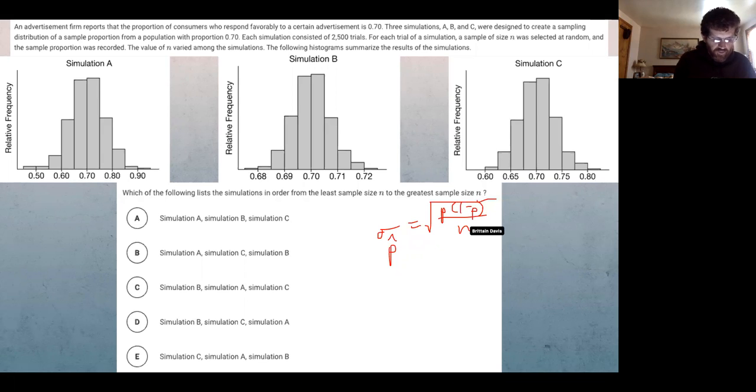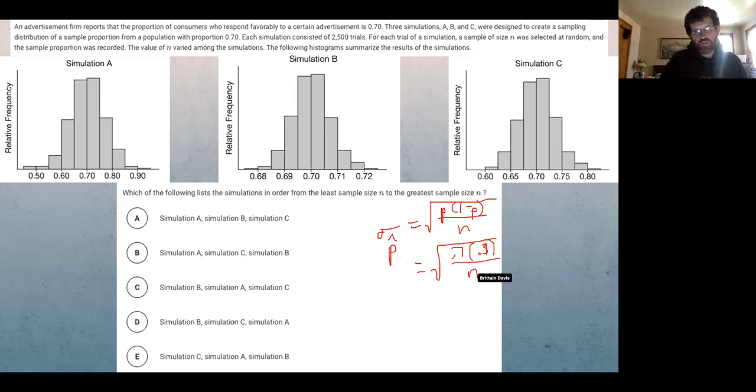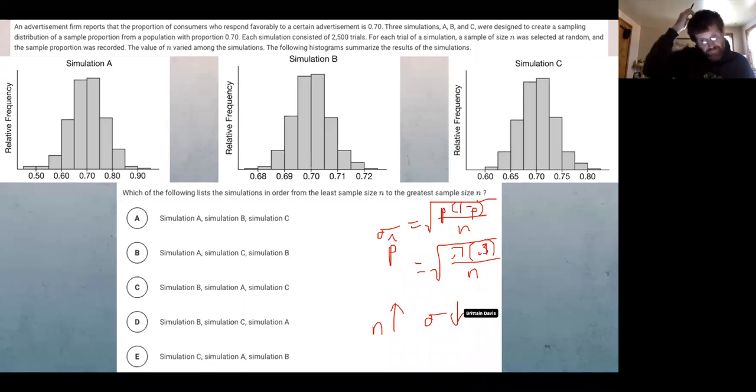Now, yeah, we do know the proportion here. It's going to be 0.7, and so the probability of failure is going to be 0.3. But honestly, that doesn't matter. We don't care what the proportion is here. It happens to be 0.7. Because remember that as the sample size goes up, the standard deviation goes down.